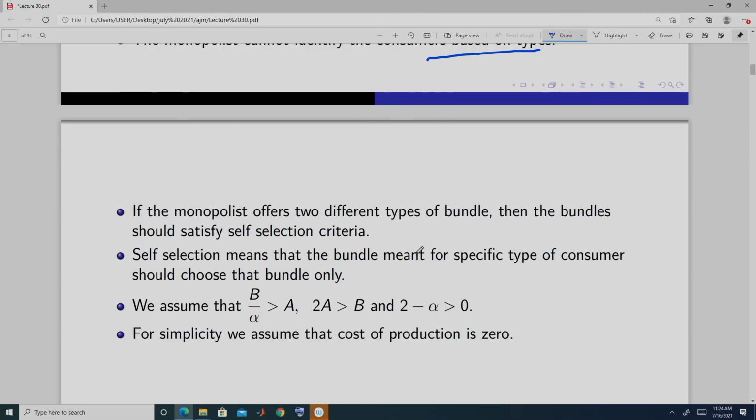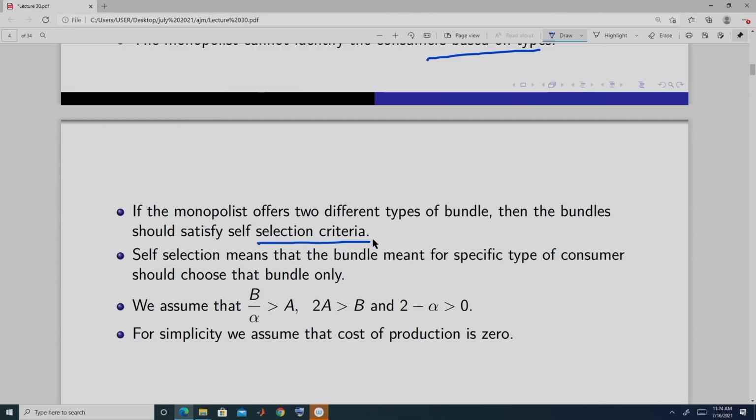That is, if I meant this bundle for the type 1 consumer, then the type 1 consumer should choose that bundle only, and if I design a bundle for type 2 consumers, then the type 2 consumer should select that only. So, the type 2 consumer should not select the bundle of type 1, and the type 1 consumer should not select the bundle of type 2. This is the criterion of self selection, and we have to ensure that.